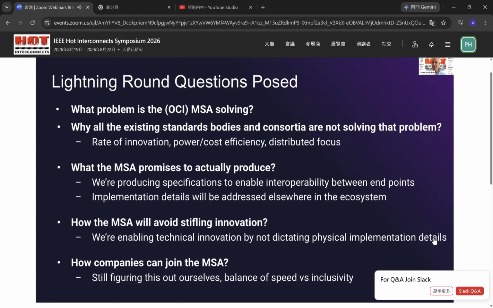We're enabling technical innovation by focusing on a market opportunity, which hopefully people will find compelling. I think OpenAI and NVIDIA and Meta and the rest of our partners see that there's a valuable market here. We're certainly going to move forward and work to deploy this.